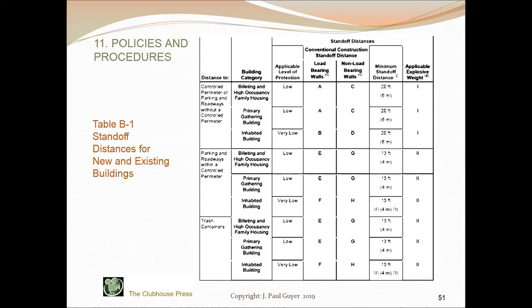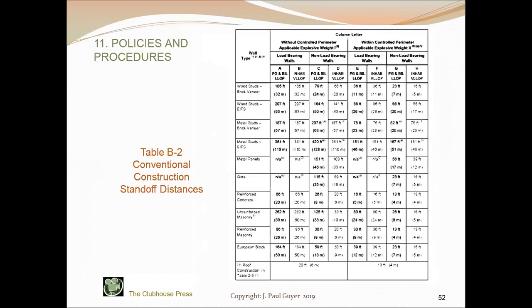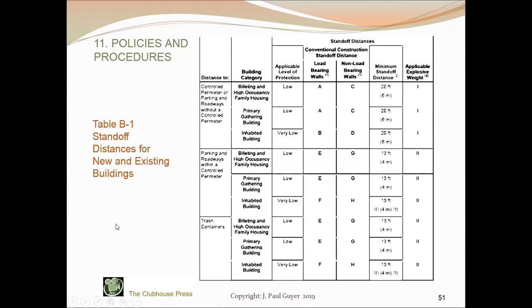The distances to the controlled perimeter or parking and roadways, the distance between parking and roadways within a controlled perimeter, and then distance to trash containers, because they, of course, are frequently used to conceal hand-carried explosives.